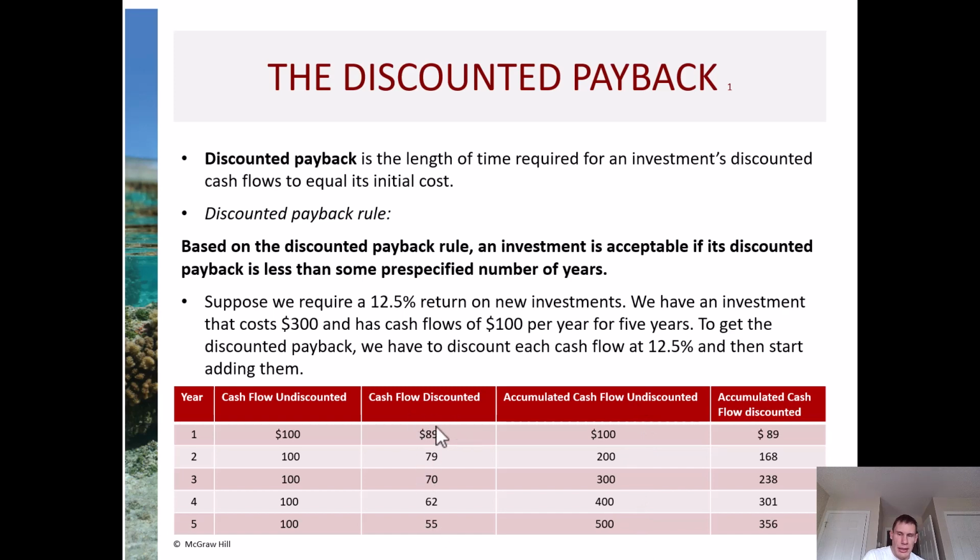And then we have the accumulated discounted cash flow. It's like saying, yeah, we technically get 500, but it's not really worth 500 because you're not discounting it. If you discount it at a 12.5% rate, then it's really only worth 356. So this is like taking the payback period and adding in some discounting to solve that first problem we talked about.